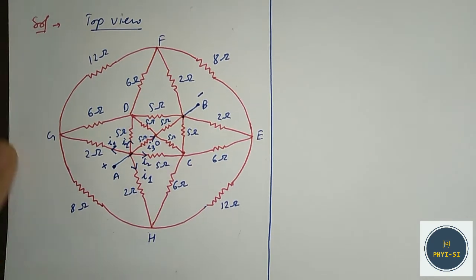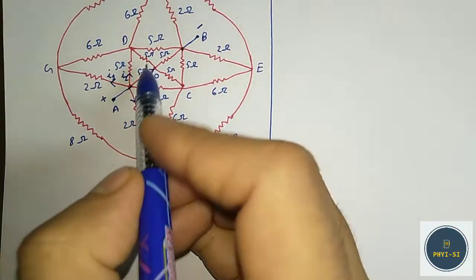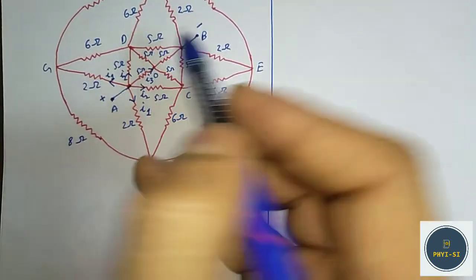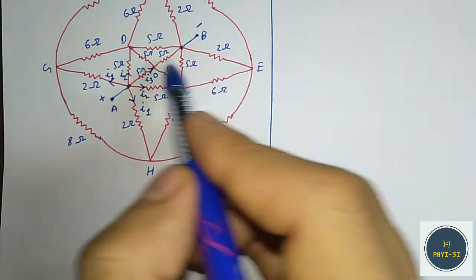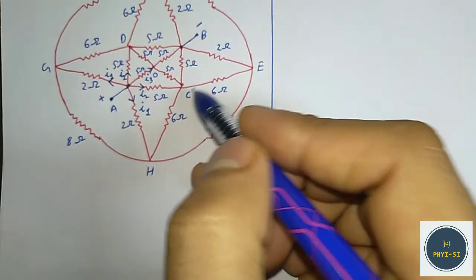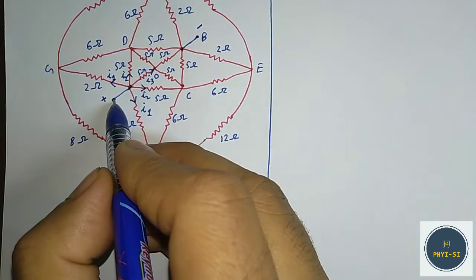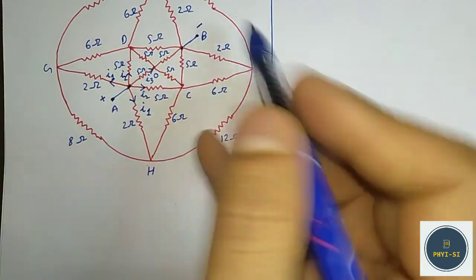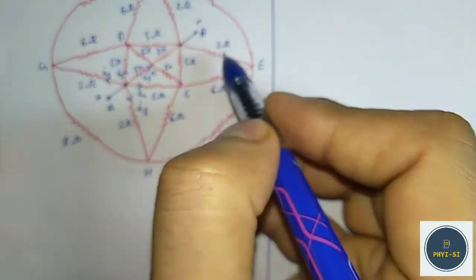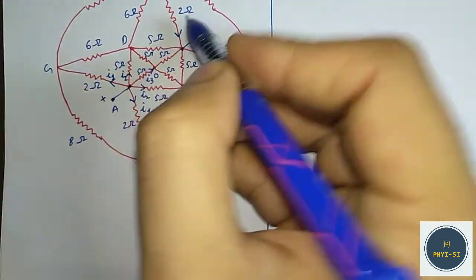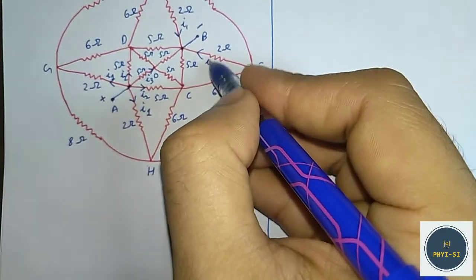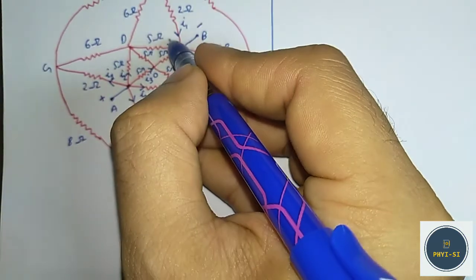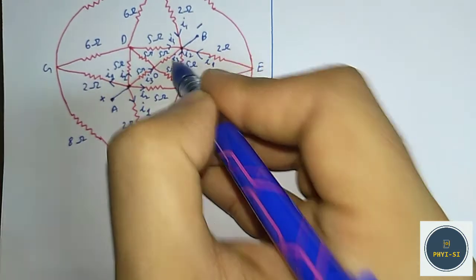So due to symmetry, as this much current I1, I2 and I3 are coming out of this point, this much current also goes towards the point B. So here and here the current should be I1 and I1. From here the current should be I2 and I2, and from here the current should be I3.